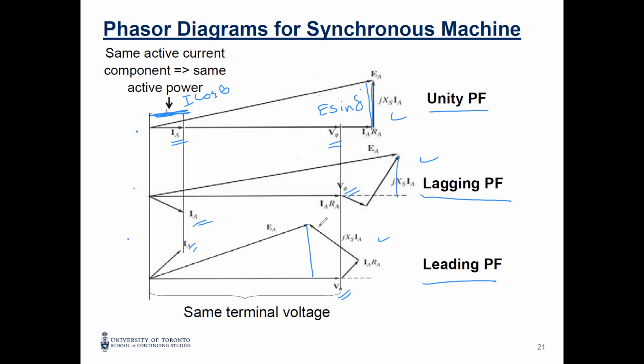It means they have the same active power. You don't change the power. You change the power factor, that's okay, but you don't change the power itself, the P. Same active power but different power factor. All of them are generators. Delta is positive for all of them.